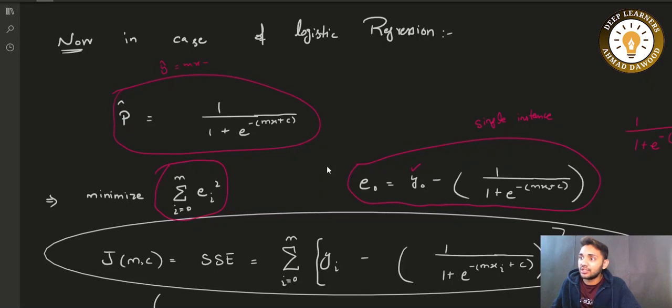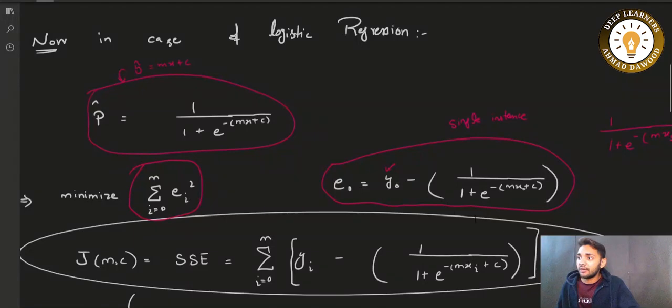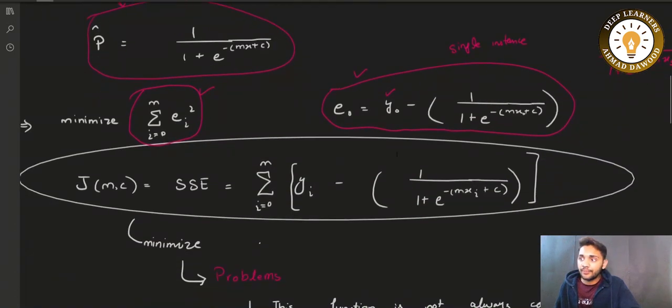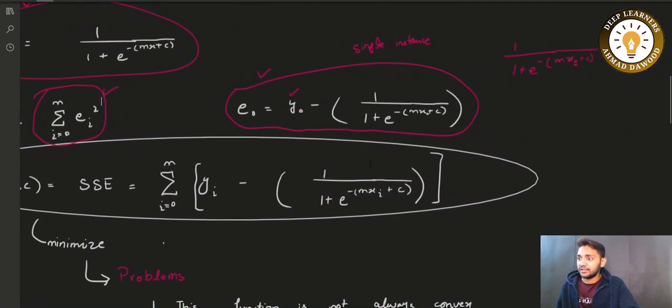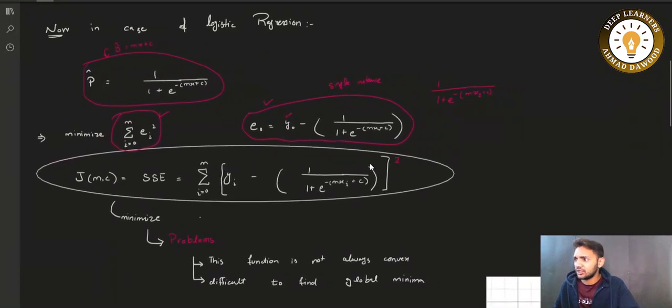If we sum all the points in squared form, it will be like this. Just make a square. This is our cost function, and we have designed it in the same way as we did for linear regression.